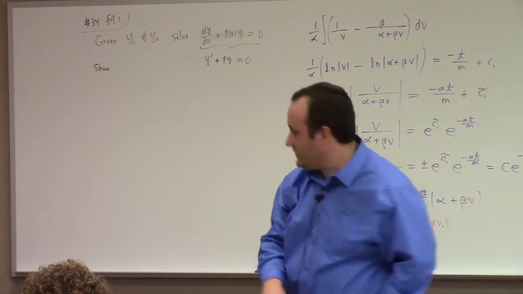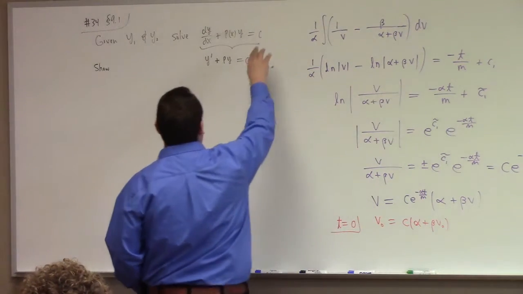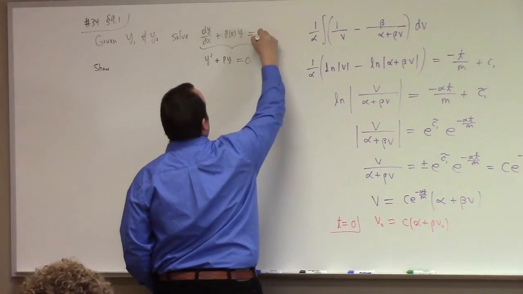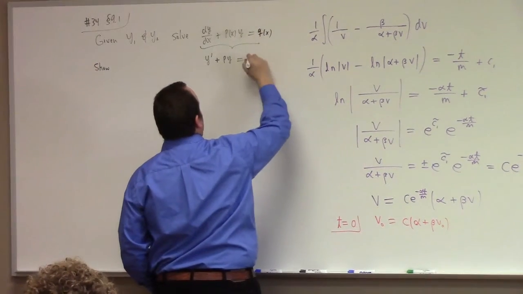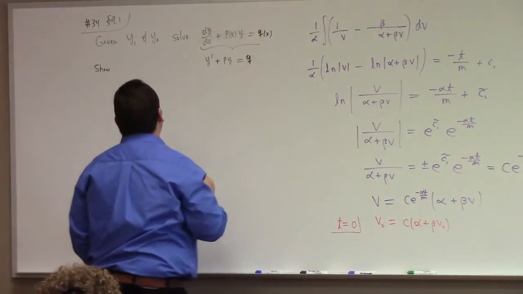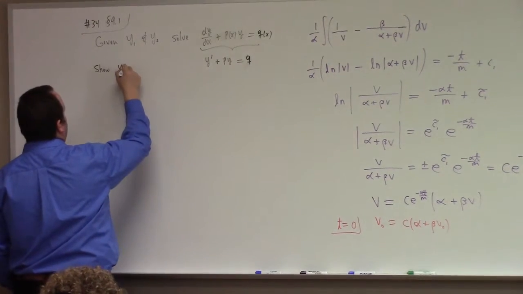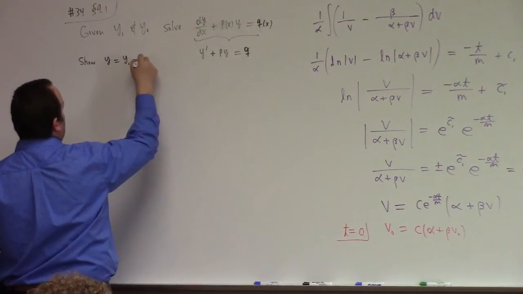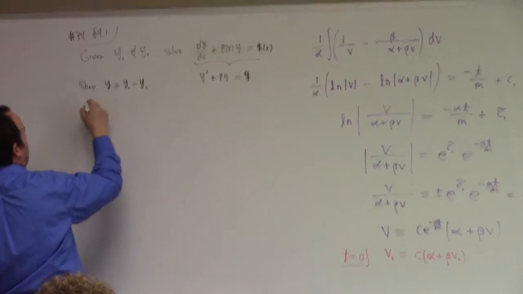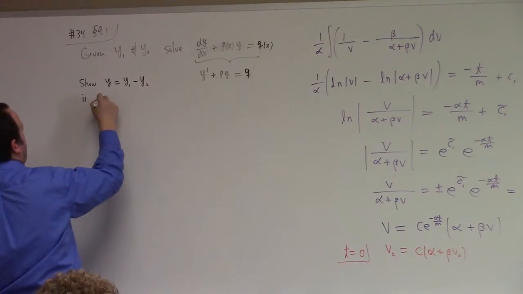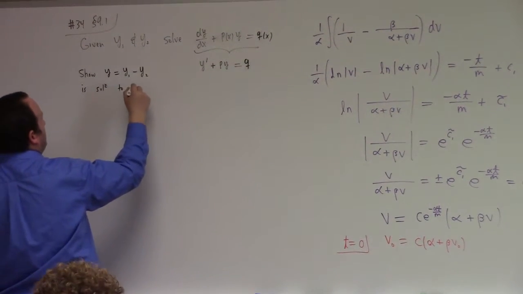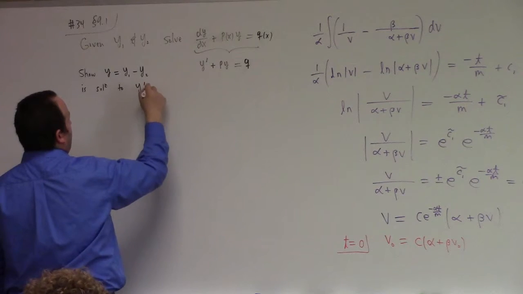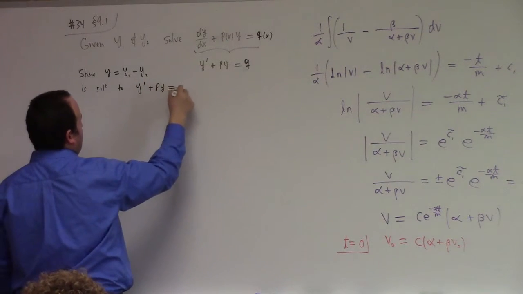Ah, okay, so these don't solve this, they solve this q of x, sorry, right? So there's a q over here. So you're supposed to show that the difference, is it y1 minus y2? Yes. So you're supposed to show that y1 minus y2 is a solution to y prime plus py equals 0.